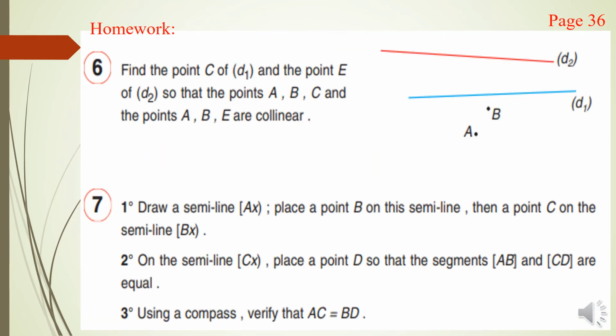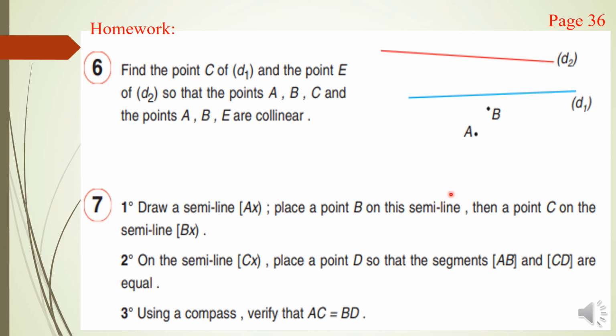Now I will explain your homework, exercises number 6 and 7, page 36. Find the point C of D1. It is on the line D1. And the point E of D2, so that the points A, B, C and the points A, B, E are collinear.